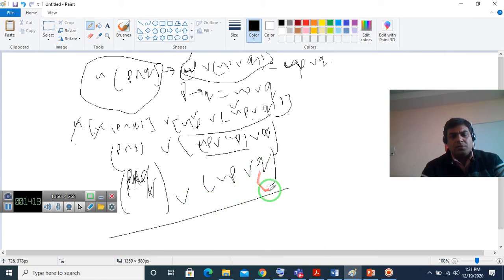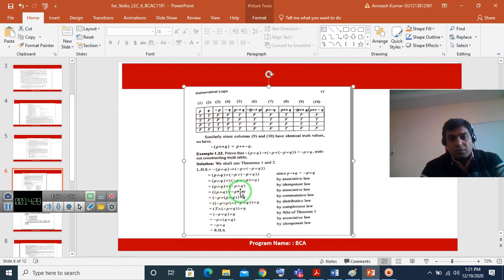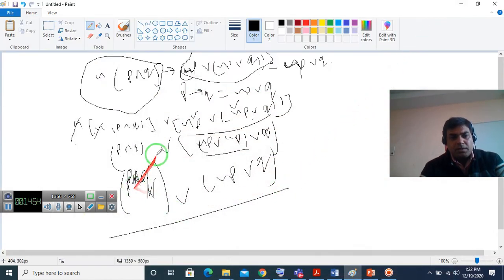Okay, so I think here, because of the disjunction, they have written by the commutative law in this way: negation of p disjunction with conjunction with q, and p conjunction q, which means p conjunction q and negation of p disjunction with q and then disjunction.